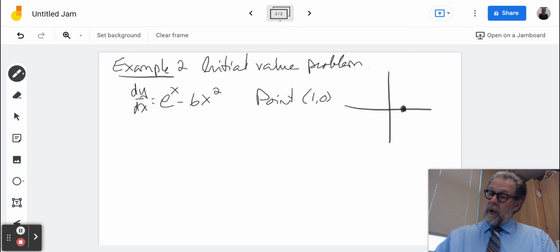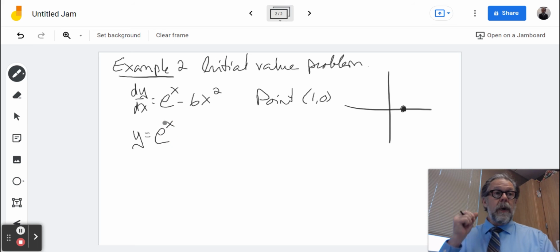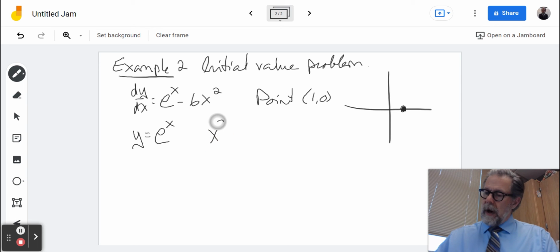Now, let's see what we got. y equals, well, we know that the derivative of e to the x is e to the x. Therefore, the antiderivative of e to the x is e to the x. We know that the derivative of x cubed is 3x squared, and we've got a 6x squared, so we're going to need to put a minus 2 in front of our x cubed.